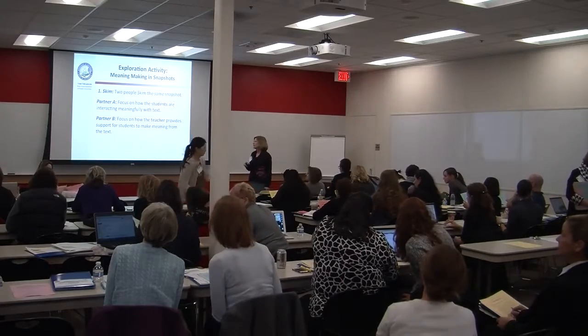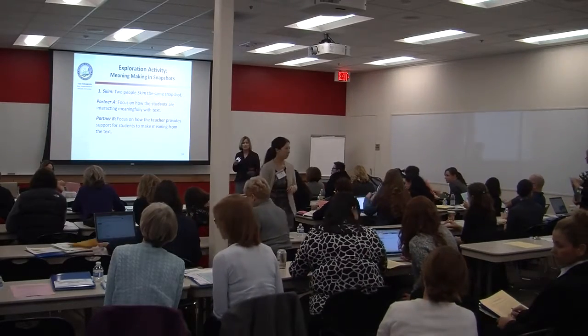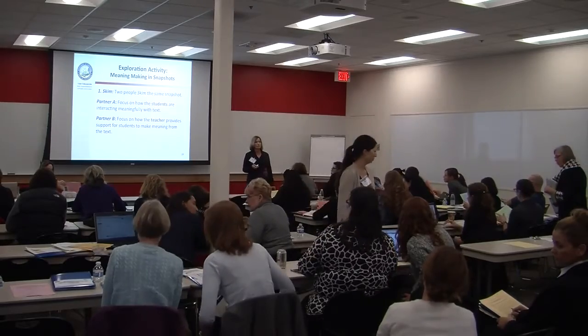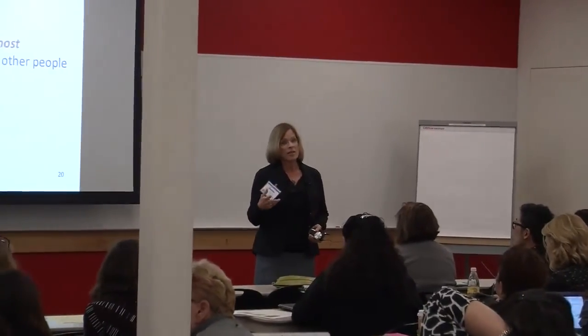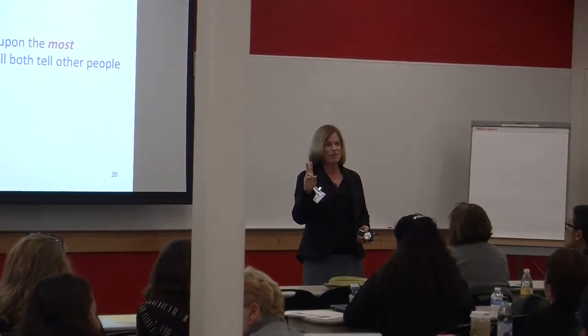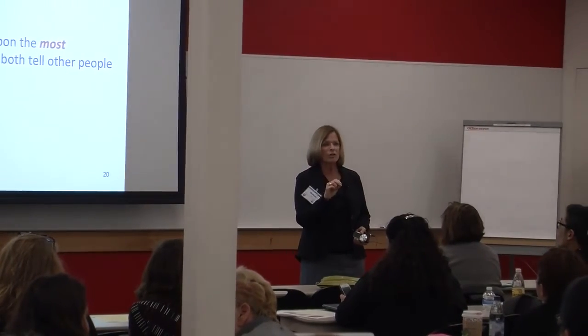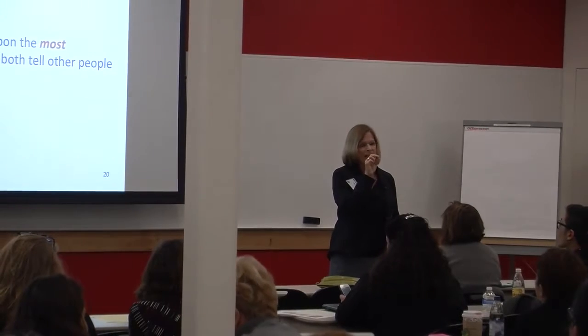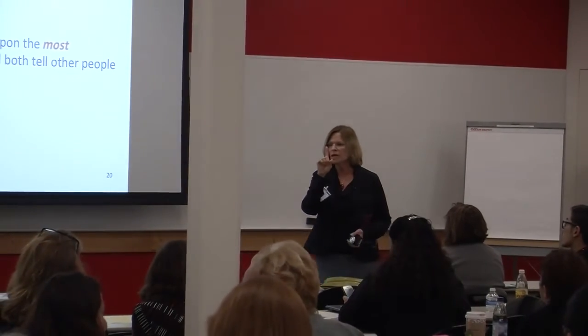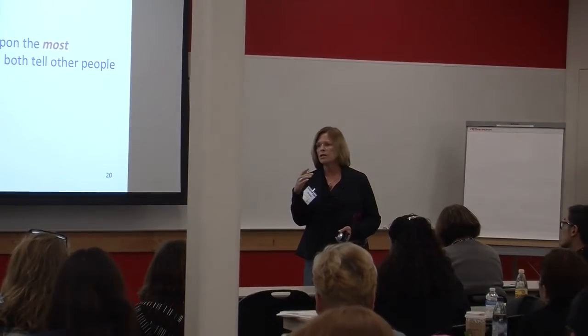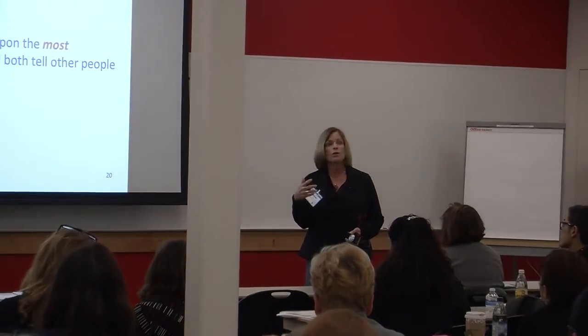B is focusing on how the teacher is providing support as the students do that. If we had more time, for the rest of the activity, what we're going to ask you to do is decide between the two of you what's the most important thing with regards to making meaning that you would share with others.